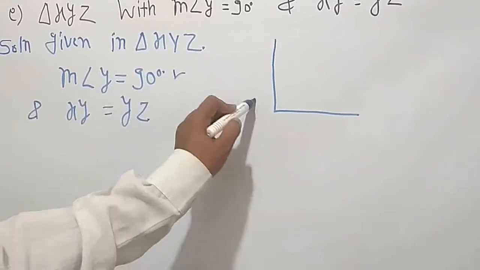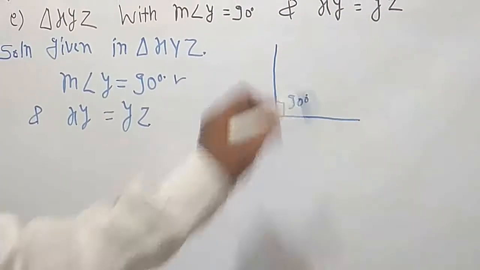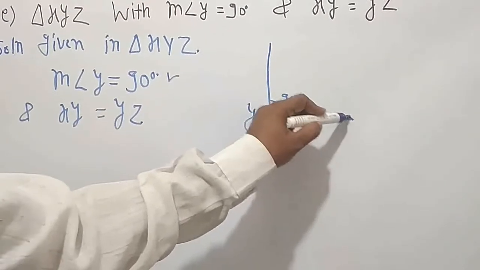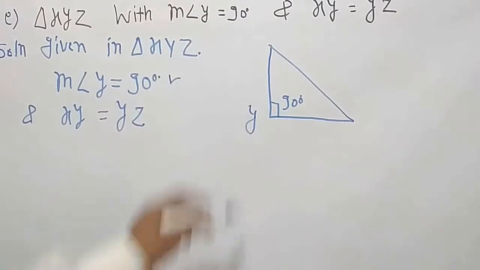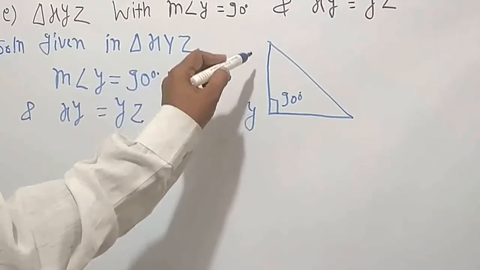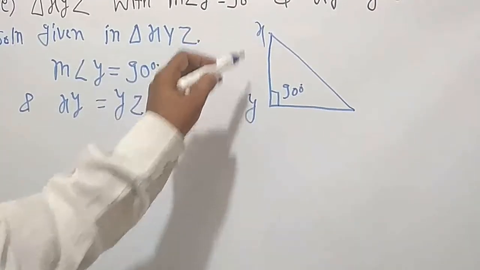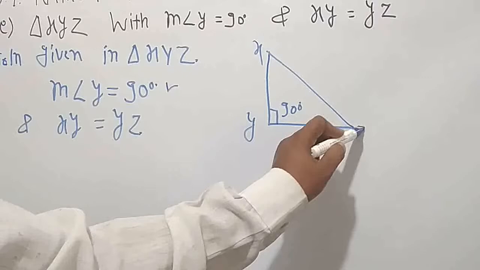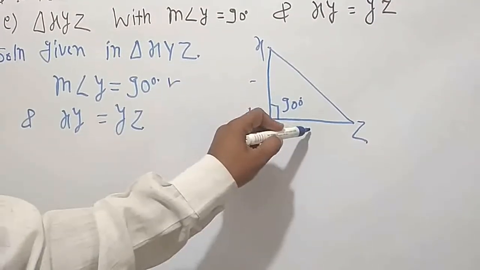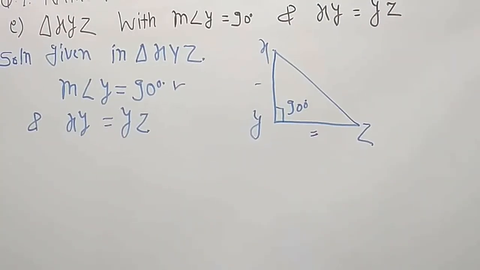It is Y and it is 90 degree. Measurement of angle Y is 90 degree. Then this and this should be XY. Suppose it is X, this is Y, and YZ. The measurement of these two sides, the first one and the second one, are same.